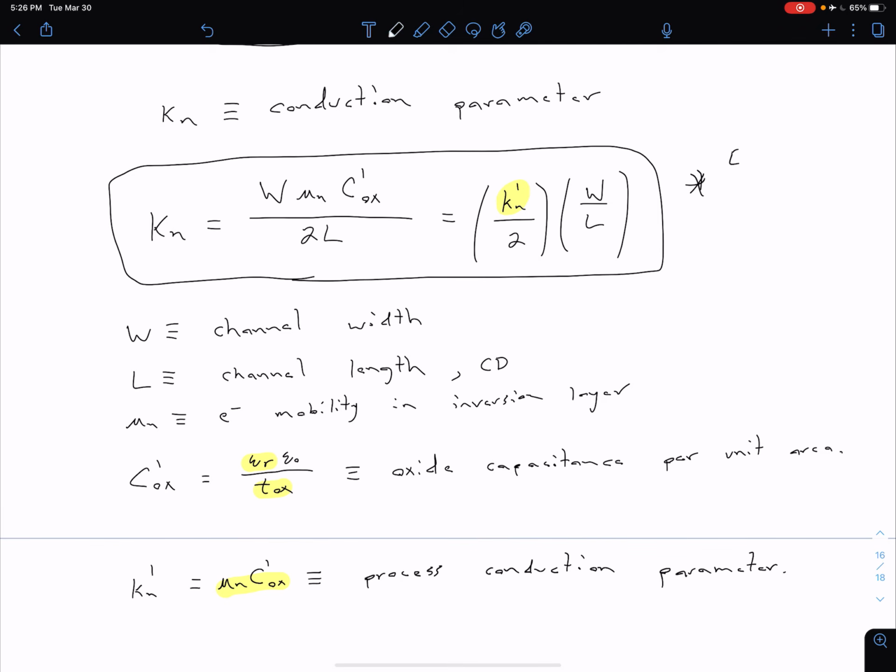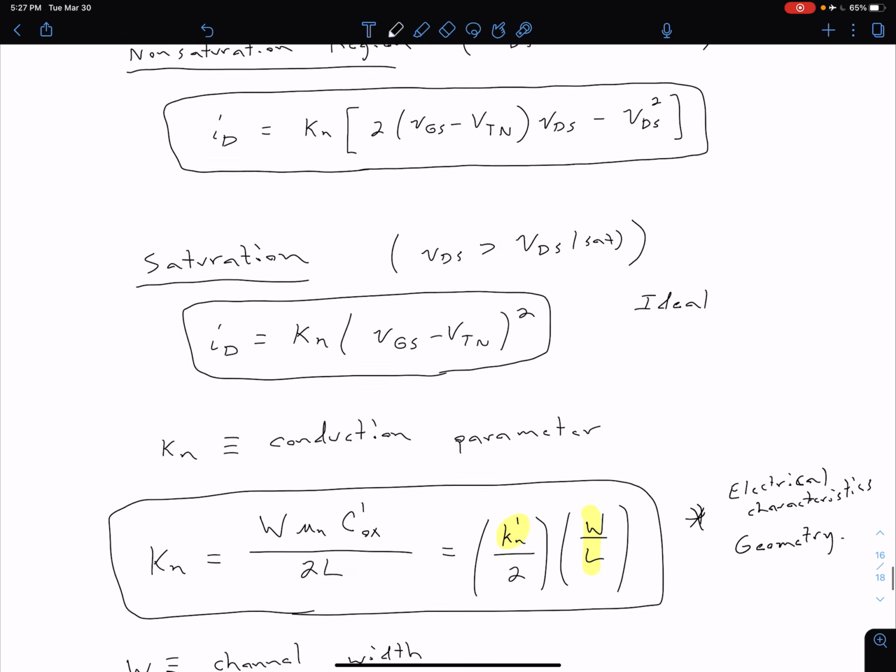So we have some dependence on the electrical characteristics of the material. And then we also have this W over L, so we also have some dependence on the actual geometry of the device. That's why oftentimes you'll see that equation broken out in that way.